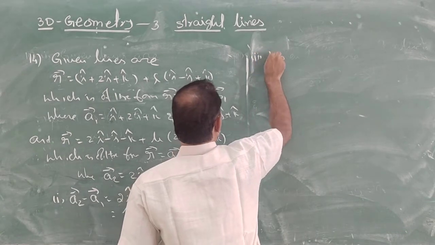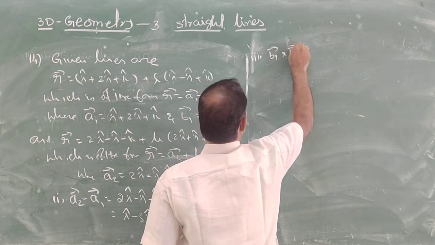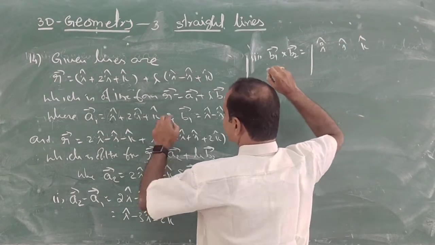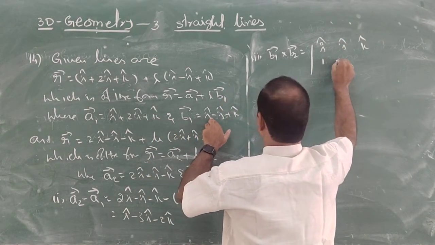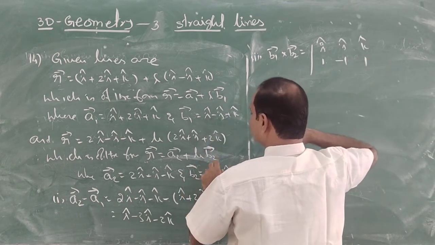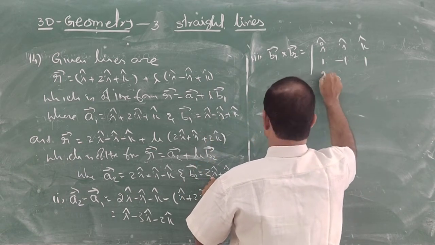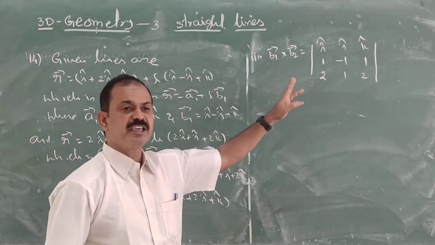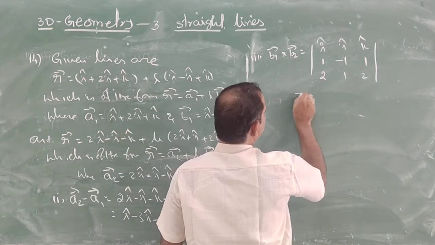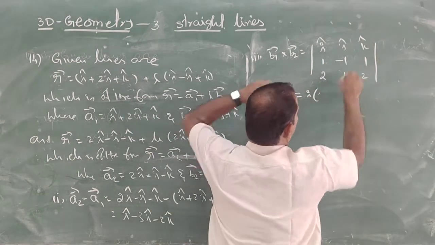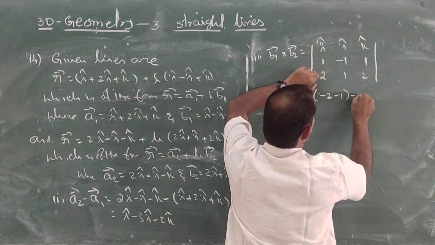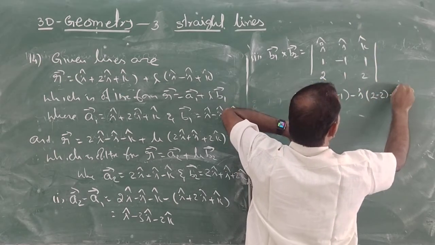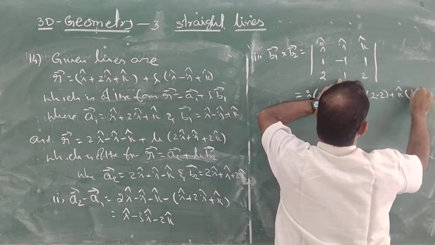Second part, find out b1 cross b2, that is equals to the determinant of i, j, k, b1 is nothing but 1, minus 1, 1 and b2 is equals to 2, 1, 2. So I am finding b1 cross b2 separately, that is i into minus 2 minus 1 minus j into 2 minus 2 plus k into 1 plus 2.